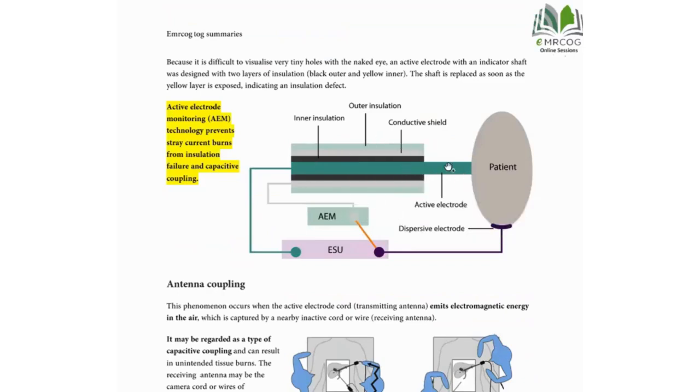This is where the insulation failure happens. But capacitive coupling, the problem will happen here: the area between the conductive shield or the insulation here, and the active electrode. This very area.